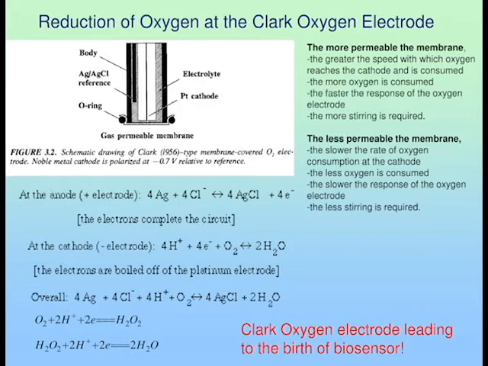This silver chloride, is it soluble? Insoluble. So can you describe the physical appearance of this wire? Is it shiny? It's not shiny. The surface has been coated with silver chloride.